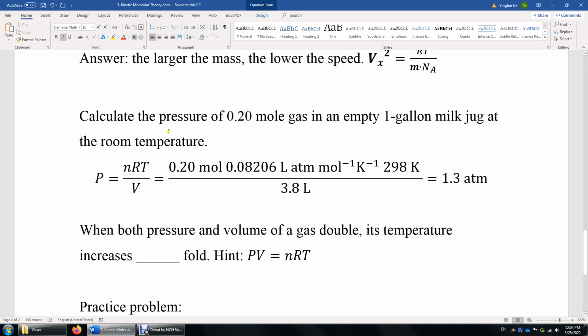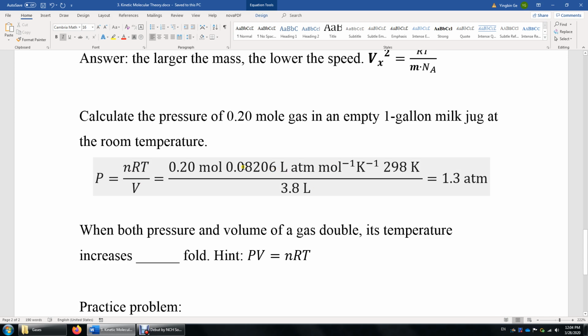Finally, a numerical example problem. Let's calculate the pressure of 0.20 moles of gas in a milk jug at room temperature. So basically, we just need to memorize and use a simple equation, PV equals nRT. So P equals nRT over V, and then we plug in numbers. We need to make sure the units are consistent.